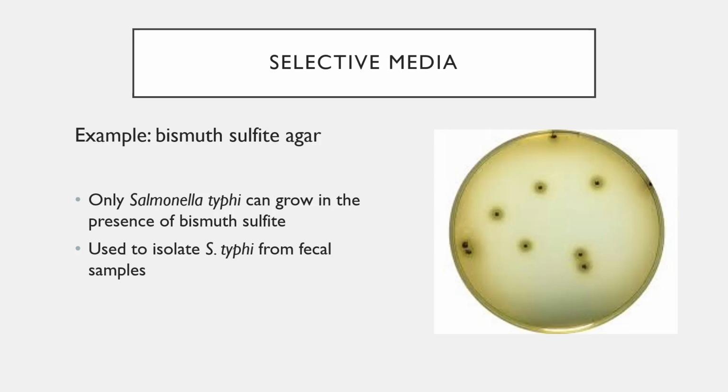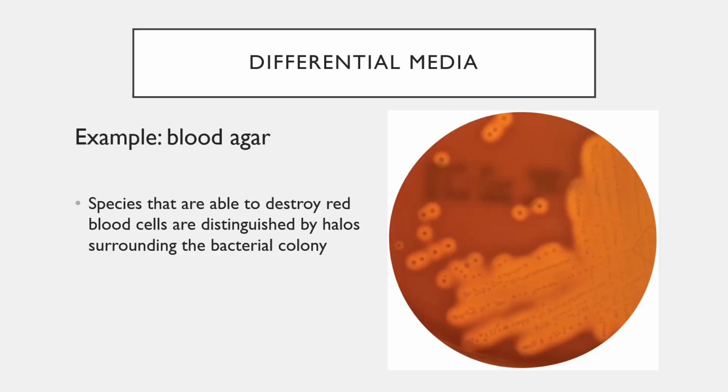An example of differential media is blood agar. Blood agar allows for the growth of species that are able to destroy red blood cells, and their identification is given by a clear halo around the outside of the growth, as you can see in this image right here. So these species can be identified by plating them on blood agar and differentiated between species that cannot destroy red blood cells.